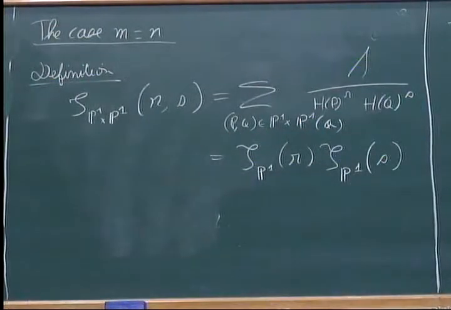The point is that the height zeta function corresponding to any m and n can be expressed in terms of this one by reducing to a line.